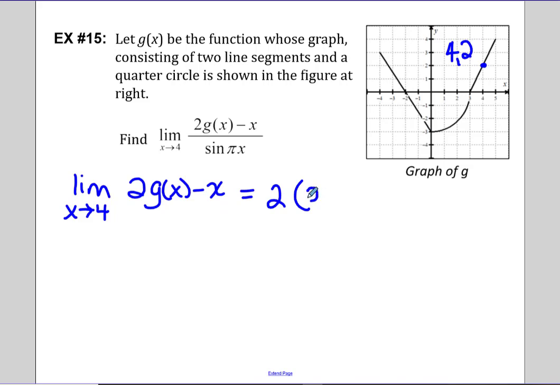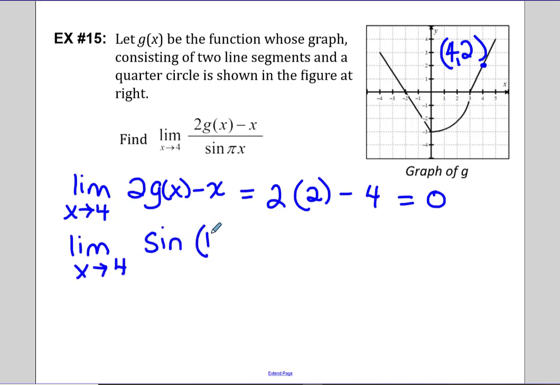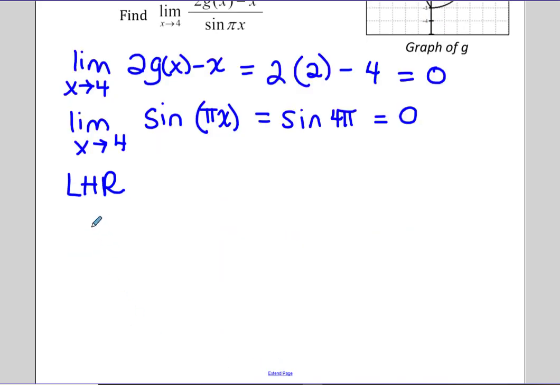So that's going to give us 2 times the g of 4, which is 2, minus 4 is leading us to 0. So using that ordered pair, then the limit on the denominator as x approaches 4 of the sine of pi times 4. So the sine of 4 pi is also 0. Therefore, we can apply L'Hopital's rule.